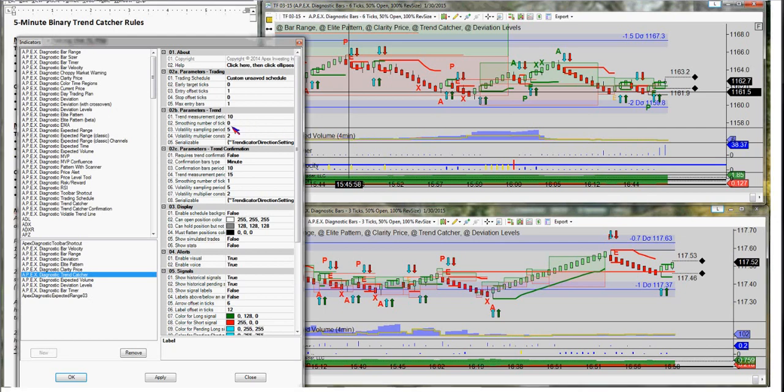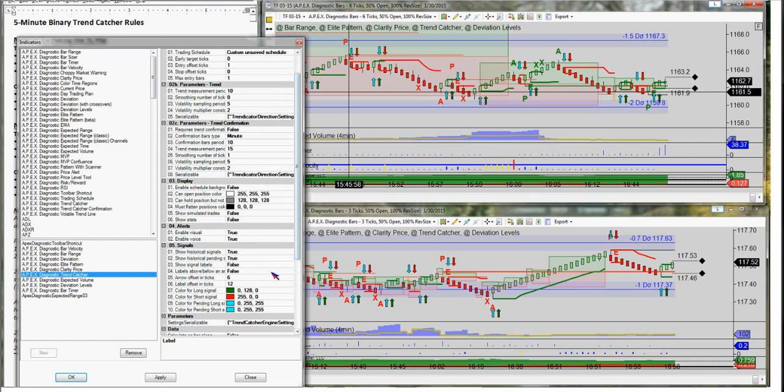I believe the defaults in the template are 15 and 1, if I'm not mistaken. So those are the only two settings you should need to mess with at all. Always leave the confirmation to false, and then none of this matters. And nothing else really matters for the binaries, because you cannot use the stats thing at the bottom.